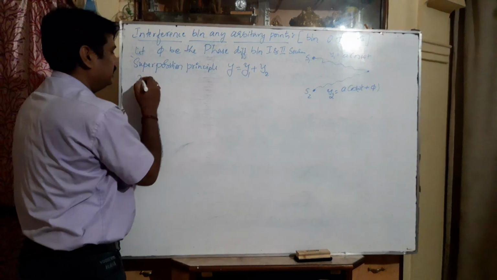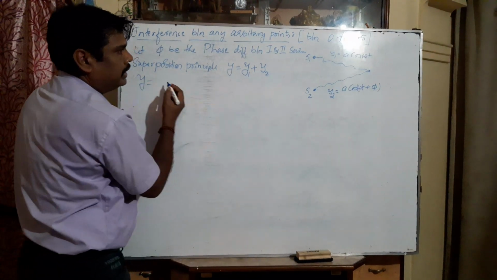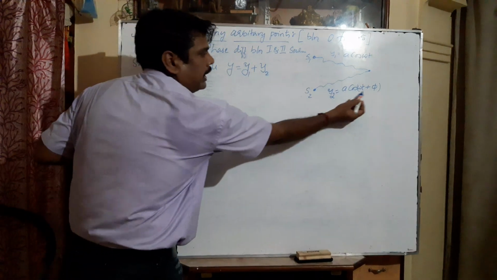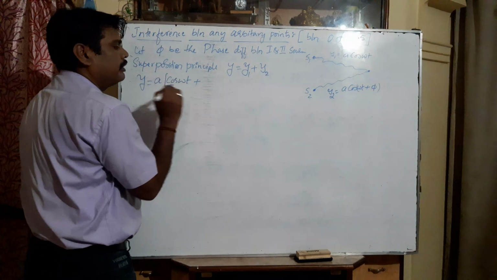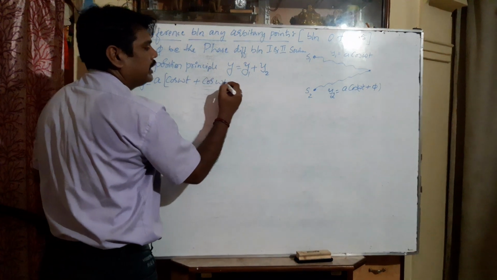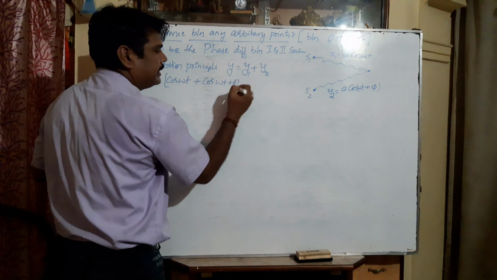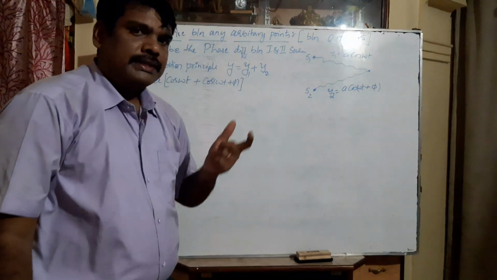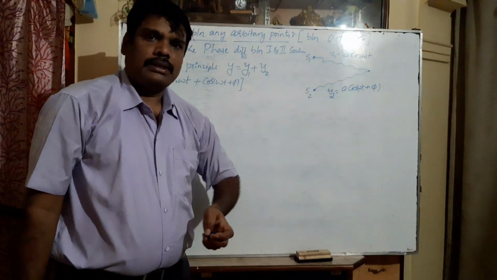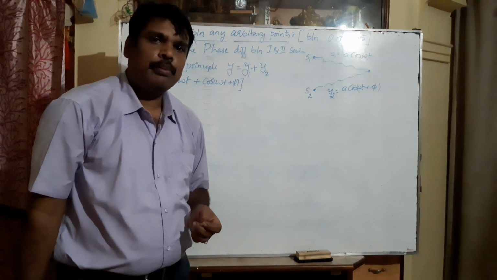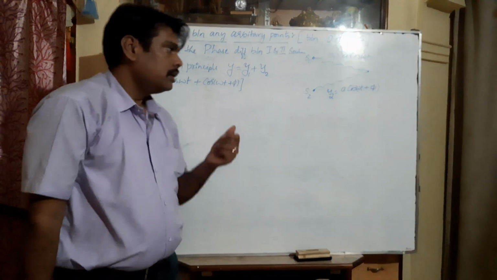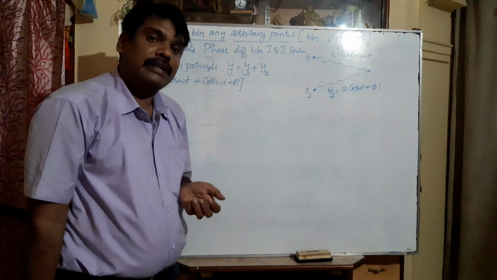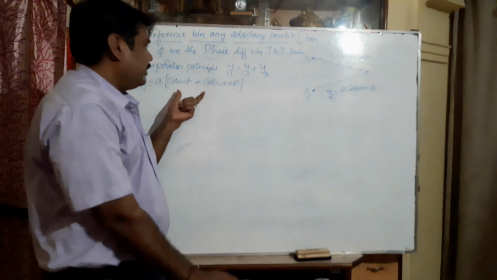So substitute the values. Then y is equal to y1, a cos omega t, plus y2, a cos of omega t plus phi. You take a as a common factor. It will become cos omega t plus cos of omega t plus phi, where phi is the phase difference. Clear now? You know how to simplify this. This type of derivation you already did last year in first PUC in the wave topic. There we took the superposition derivation with a sine function, but here we have taken the cos function.